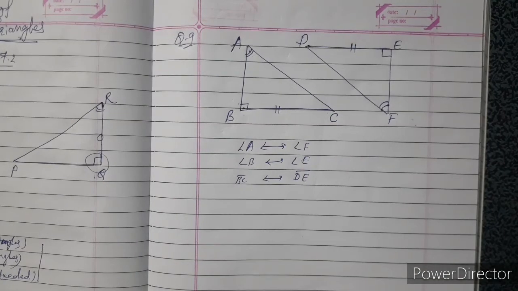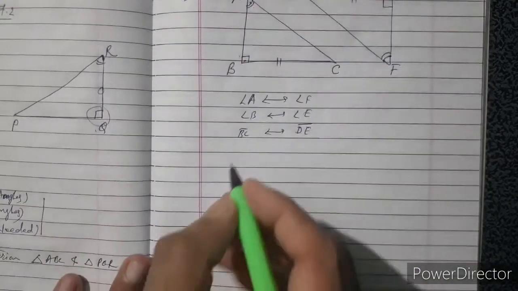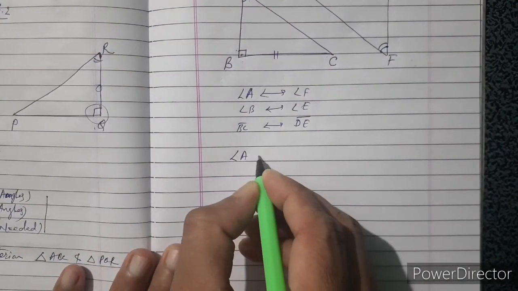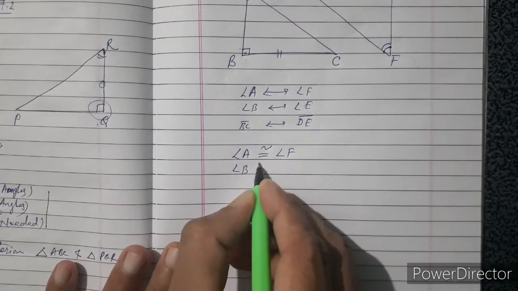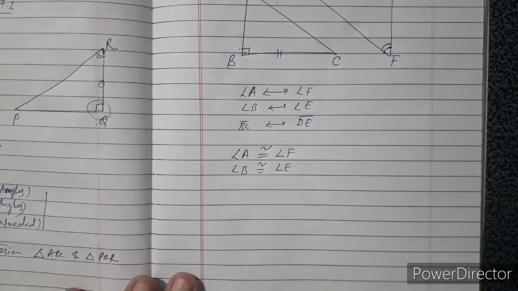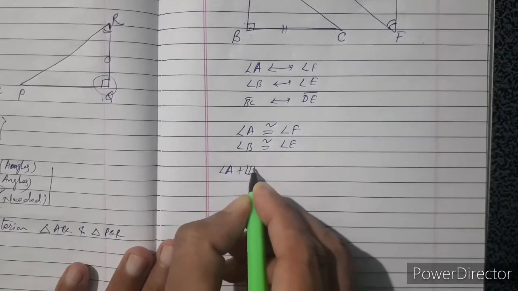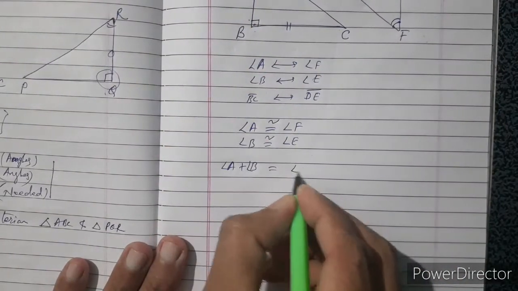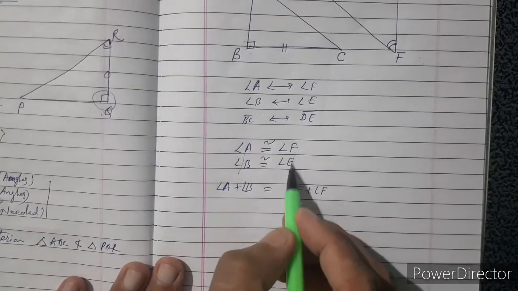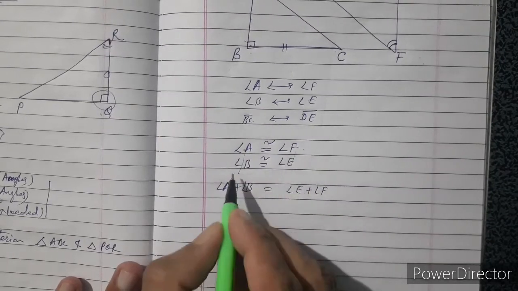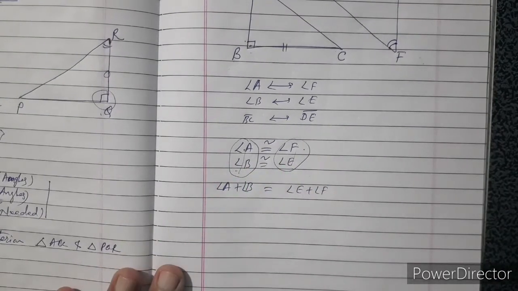So let me show the equality of C and D. Now look, angle A is congruent to angle F and angle B is congruent to angle E. That means angle A plus angle B equals angle E plus angle F, because AB and EF are equal, and A and F are equal, B and E are equal. That means the sum of A and B equals the sum of E and F.